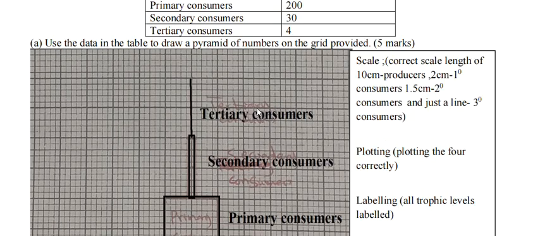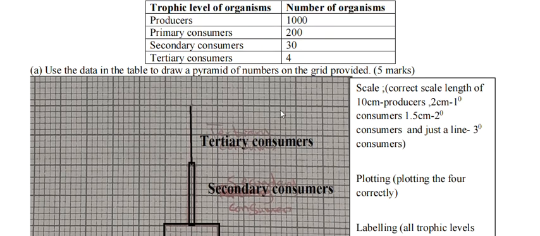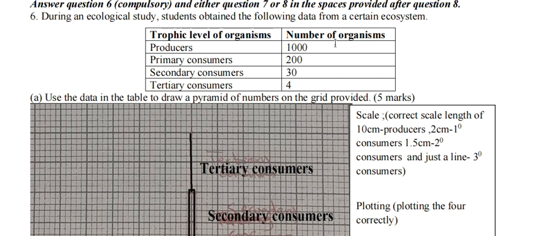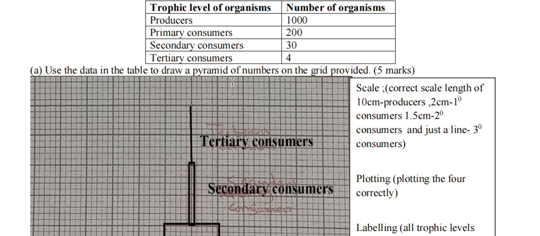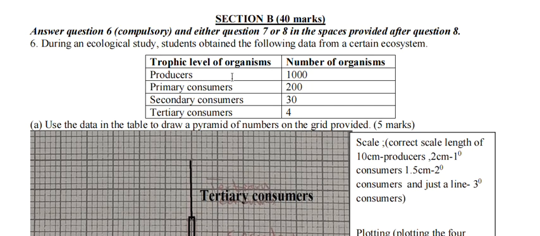And basically, a pyramid of numbers is a pictorial or diagrammatic representation of the numbers at each trophic level, that is in picture form or in a diagram form, showing the numbers at each trophic level.